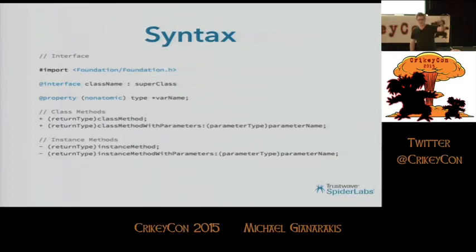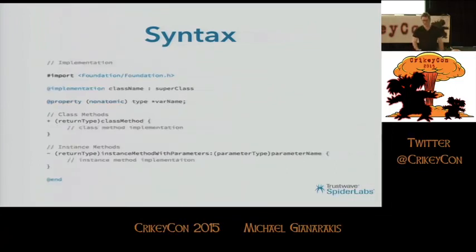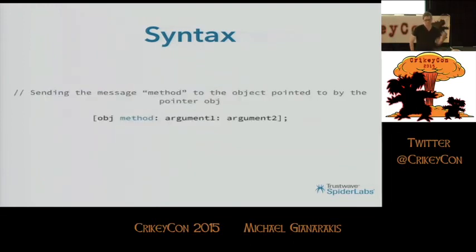They start with a plus, a return type, parameters separated by colons, and their types. Pretty straightforward. And instance methods are the same, except with a minus in front of it. And then the implementation looks like that. I'll go through this in a little bit more detail when we get on to mapping out the application.